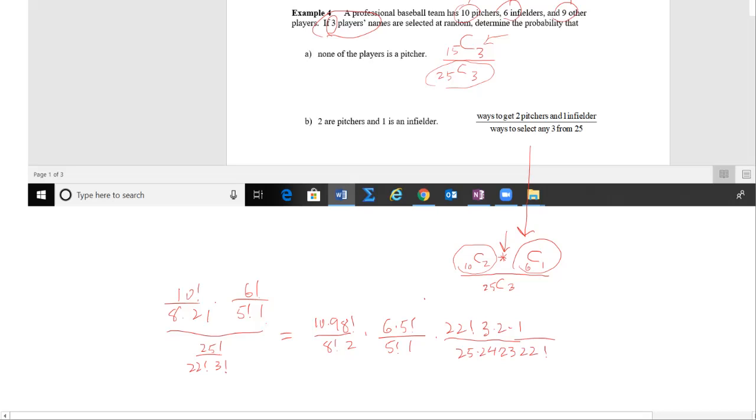So we start doing our cancellations here. 22 factorial is gone, 8 factorial is gone, 5 factorial is gone. Let's see, that'll be a 5.